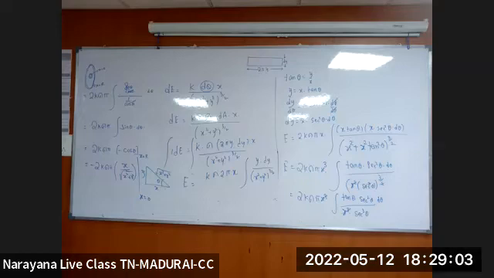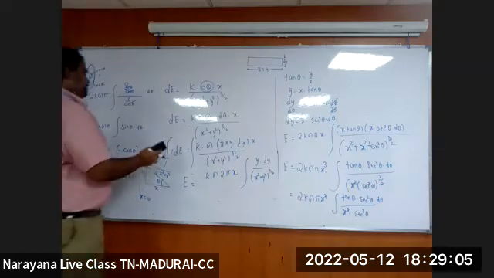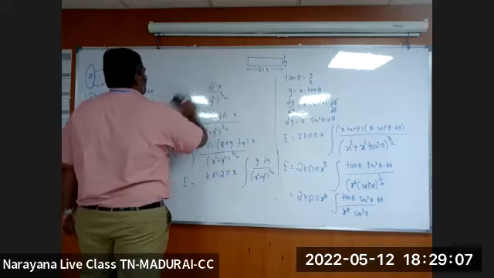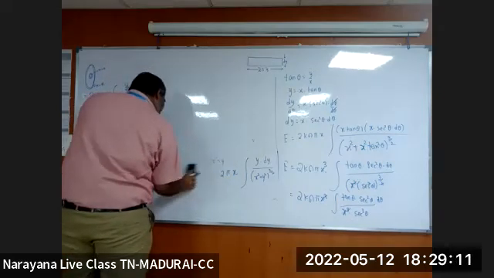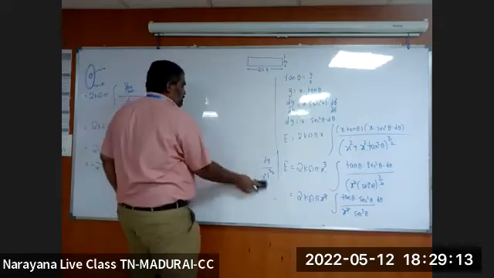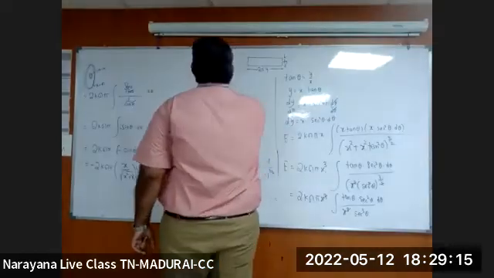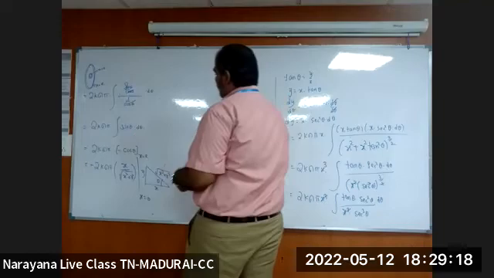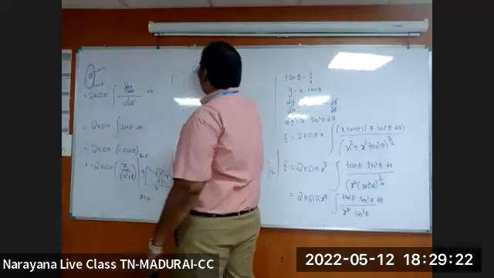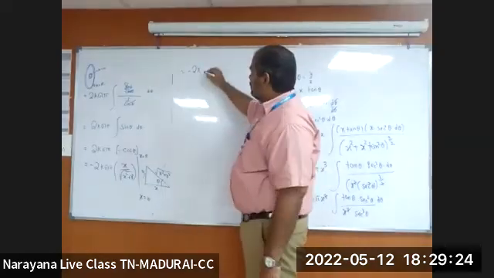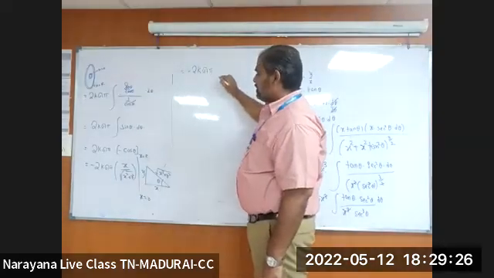Now put the limits. Now if you put the limits, so what do you get? R by minus 2 into k into sigma into pi.